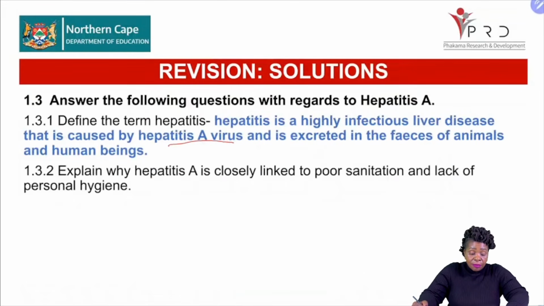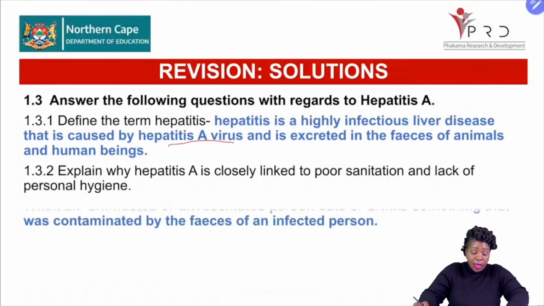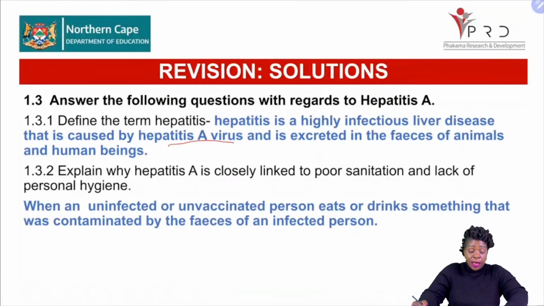And then 3.2 says, explain why hepatitis A is closely linked to poor sanitation and a lack of personal hygiene. So when an uninfected or unvaccinated person eats or drinks something that was contaminated by the feces of an infected person, that's when they get contaminated.